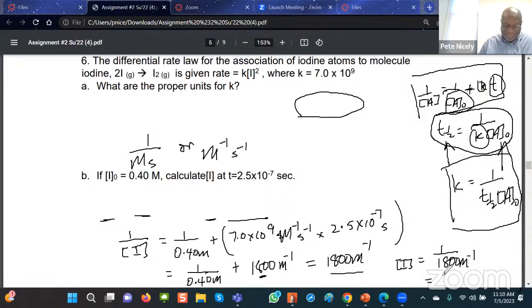And when I did that, 1 divided by 1800, the answer I got is 5.6 times 10 to the minus 4 M. And that's how the B part is done.